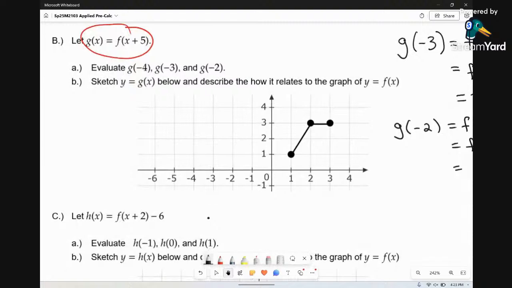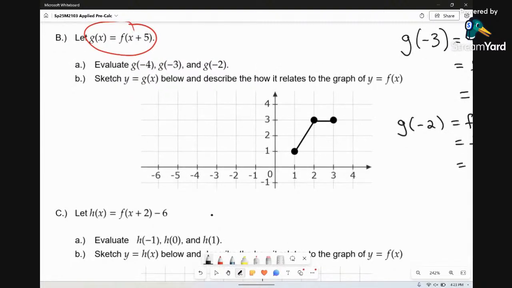And now I asked us to use these inputs. So now sketch y equals g of x using the information we just found, which was given -4, we output 1. Given -3, or if x is -3, we output 3. And given -2, or input -2, we output 3. We're going to plot 3 points.